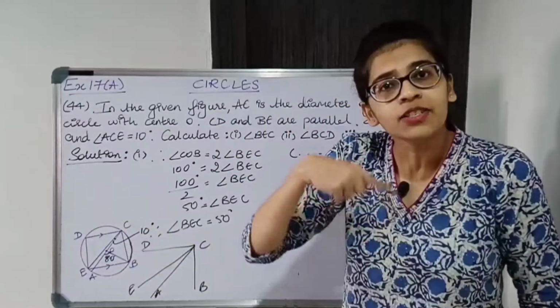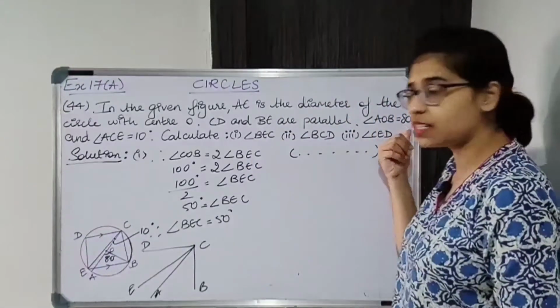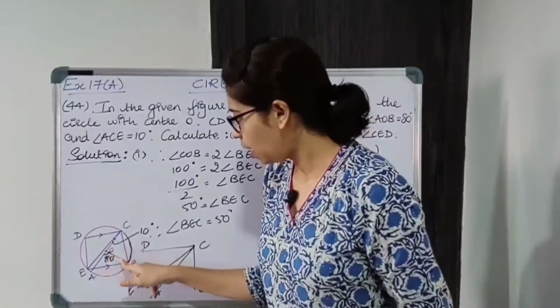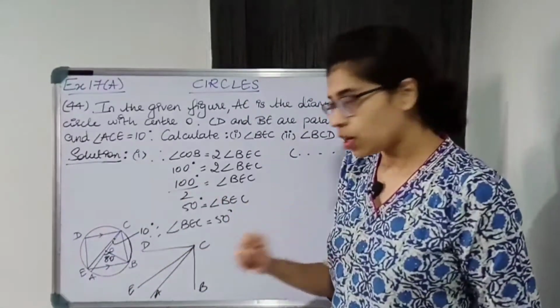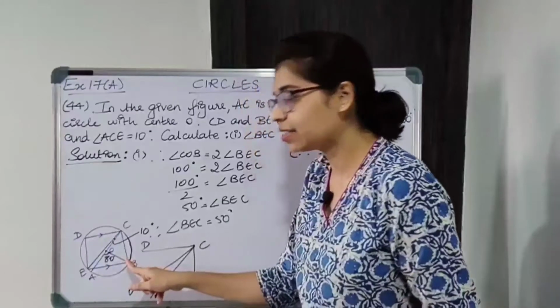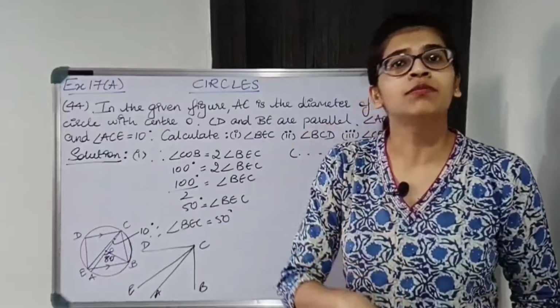Now students, let us check what all information is given to us. Now angle AOB is 80 degrees. AOB दिया हुआ है. Okay. Now again AOB is the angle at the center and ACB is the angle on the circumference.